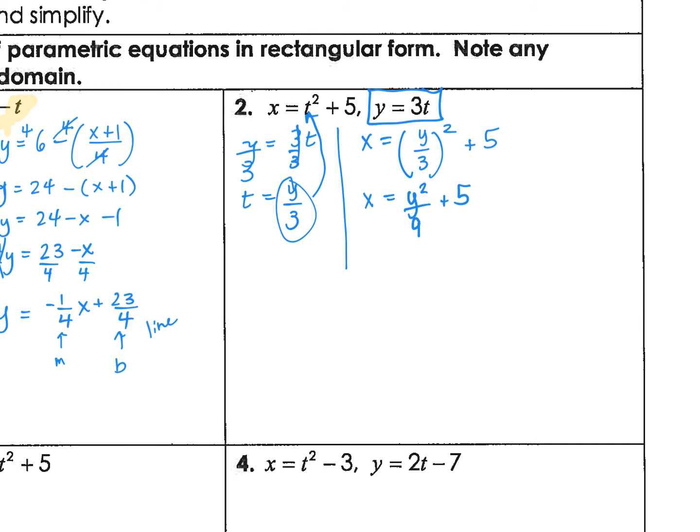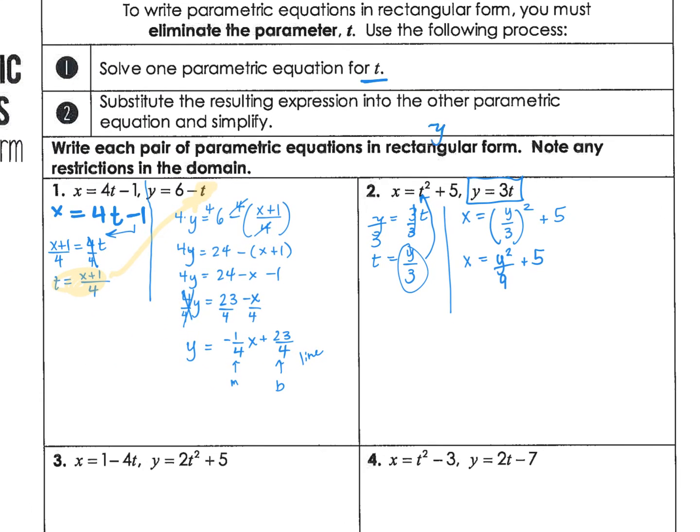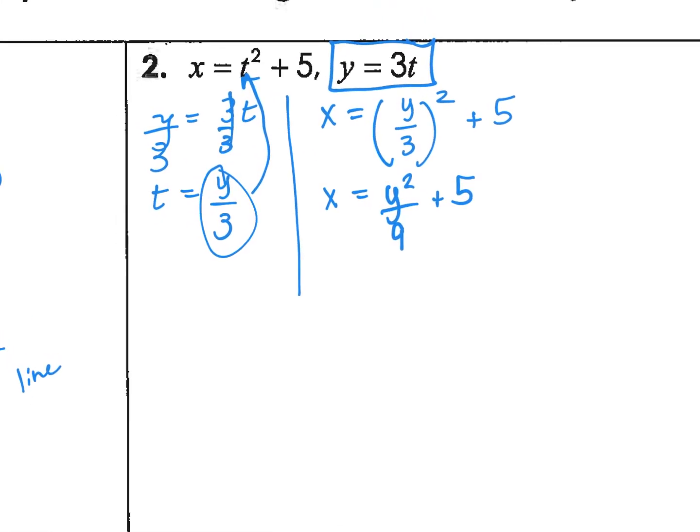All right, guys. Now look. If we're solving this in rectangular form, it needs to be y equals something, doesn't it? So anytime it says rectangular form, we're going to have y equals some function of x, right? So how do I get this y apart?